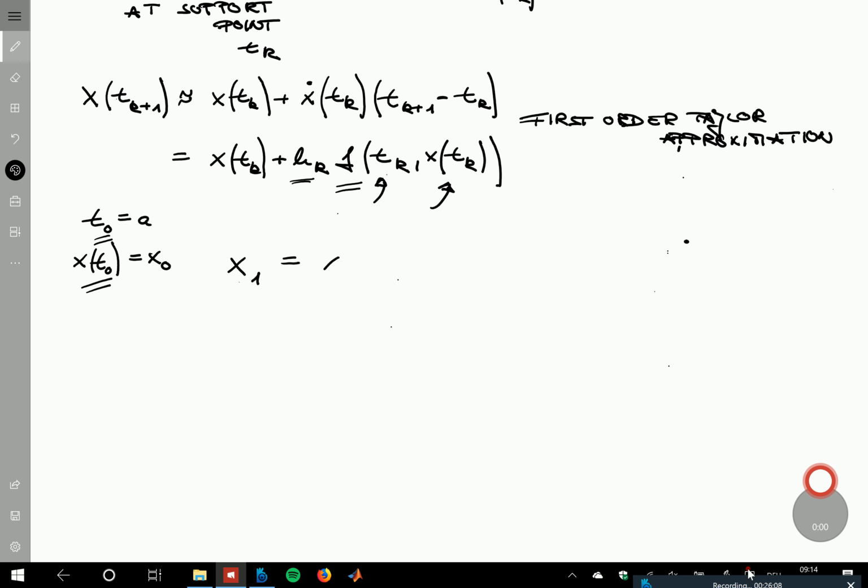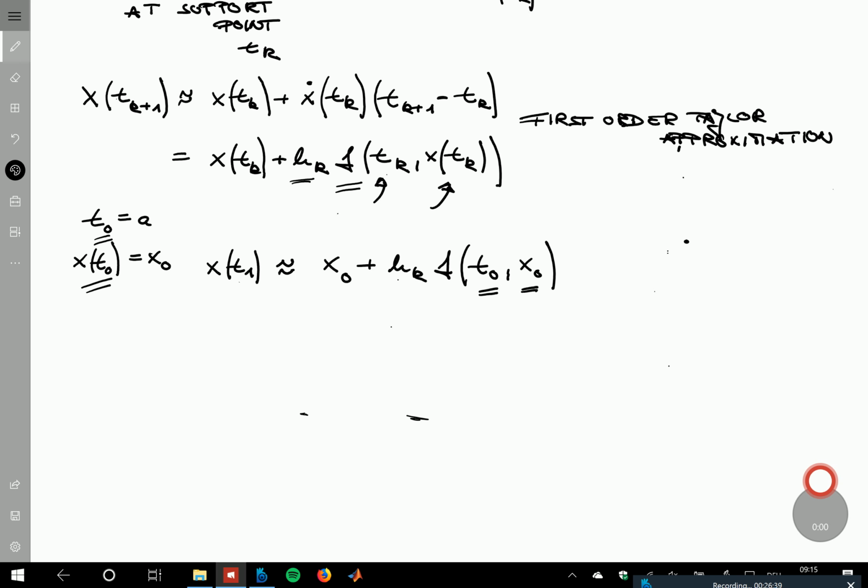X1 is our x0 plus hk times f of t0, x0. So t0 we know, x0 we know. That's our x at t0, and we now get an approximation. There are two ways you can look at this.